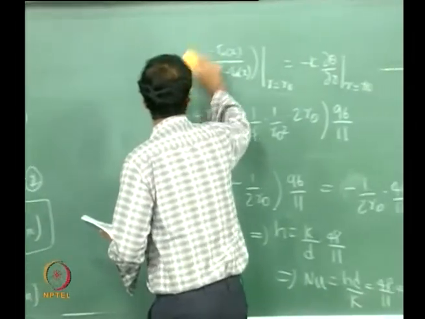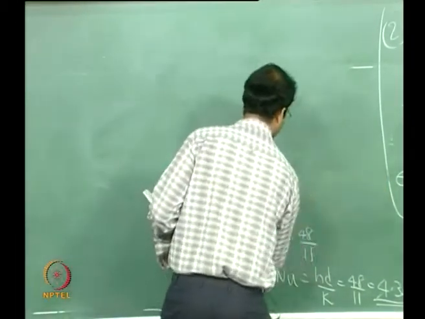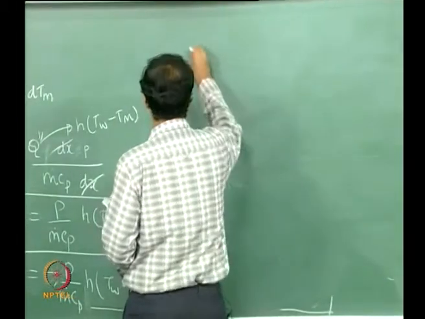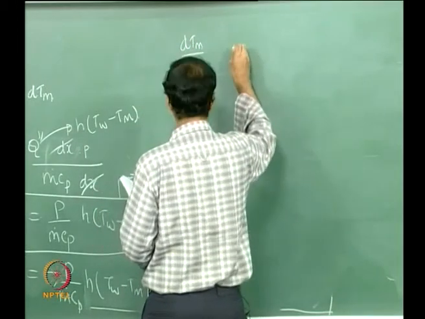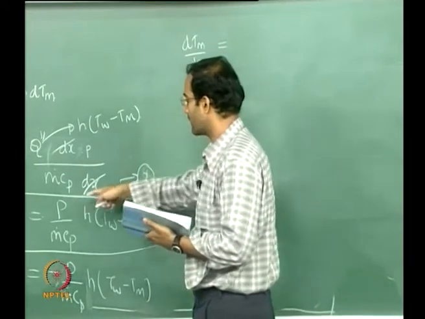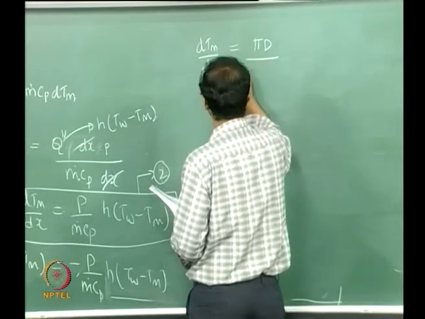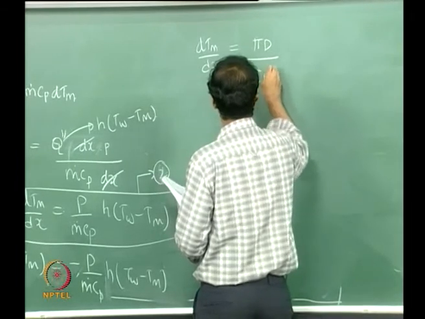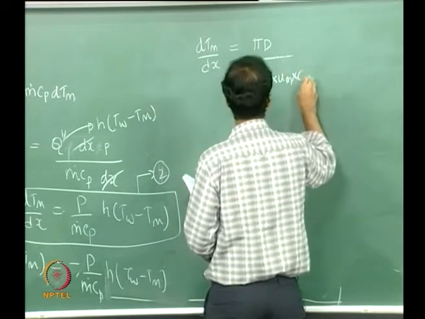So now from 2, you can write your dTm by dx as, for the case of circular duct your perimeter is pi d, divided by your mass flow rate, which will be rho into pi by 4 d square into the mean velocity um, into Cp.